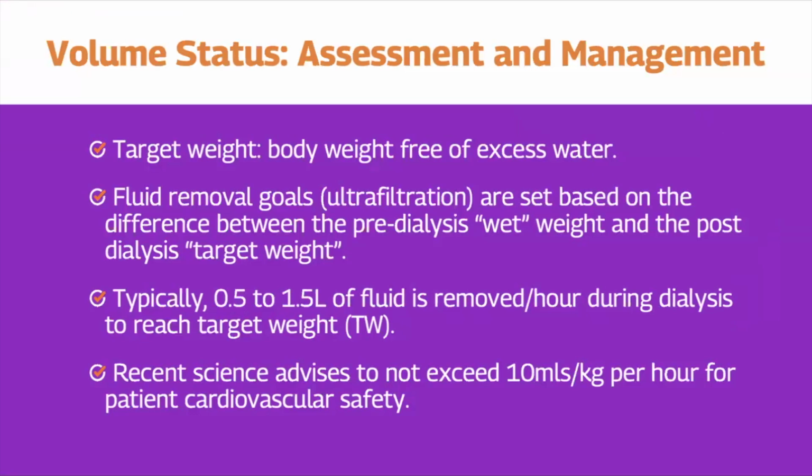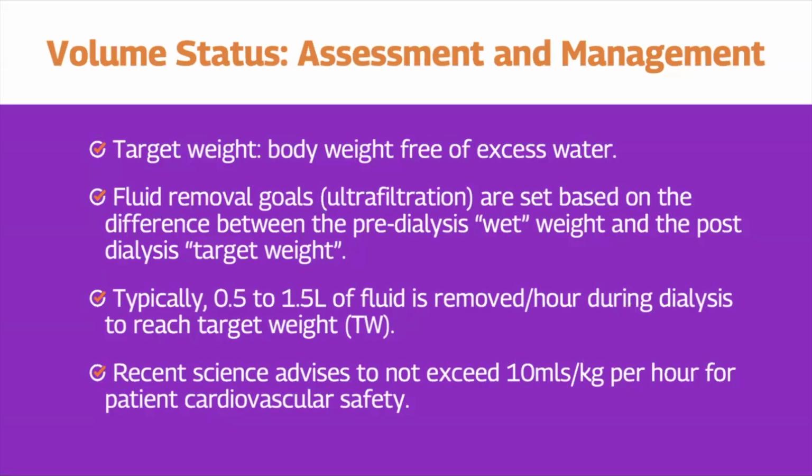Our fluid removal goals, or ultrafiltration, are set based on the difference between the pre-dialysis wet weight and the post-dialysis target weight. So typically, we would remove 0.1 to 1.5 liters of fluid per hour during dialysis to reach the target weight. As an example of target weight, let's say you have a patient that's 70 kilograms at their target weight.